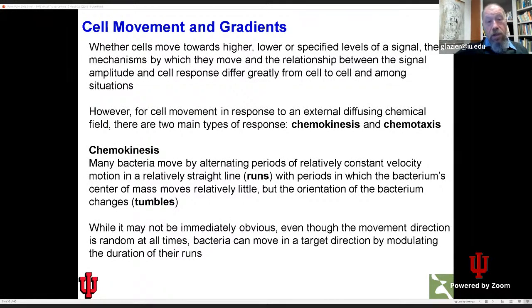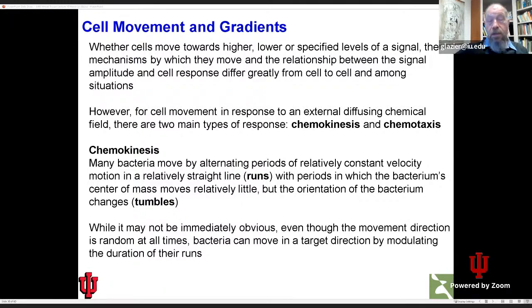The concentration at one end of a bacterium and the concentration at the other end are almost the same, because the fluctuations in concentration are large compared to the gradient, the difference in concentration across that small size. Bacteria are typically half a micron across. And so to measure spatial concentration differences, what they do is they integrate over time. So they turn spatial concentration differences into temporal concentration differences.